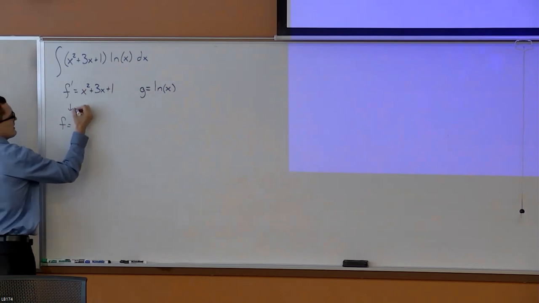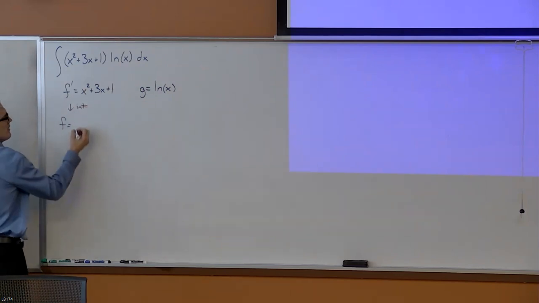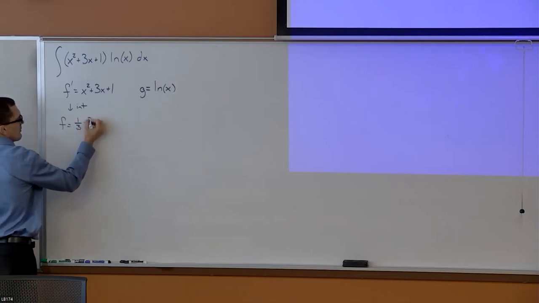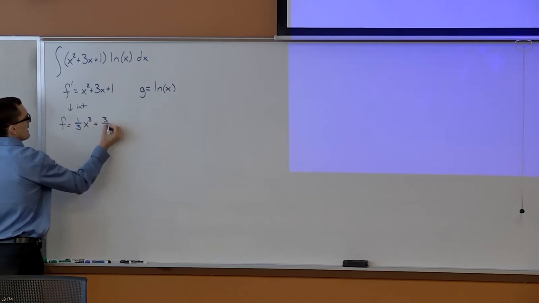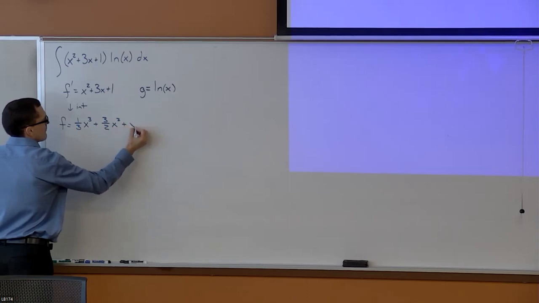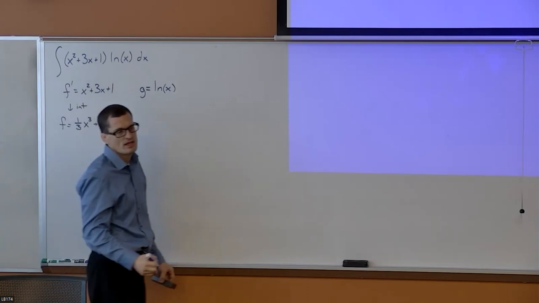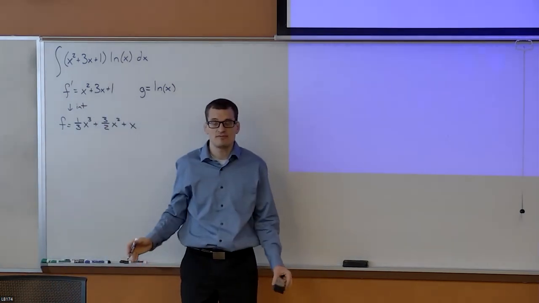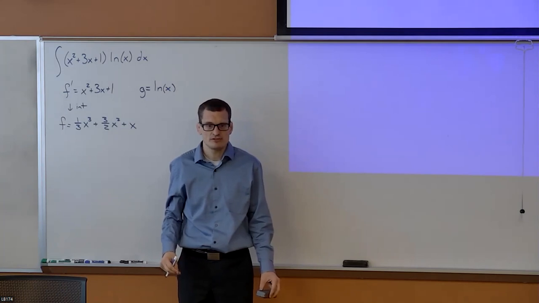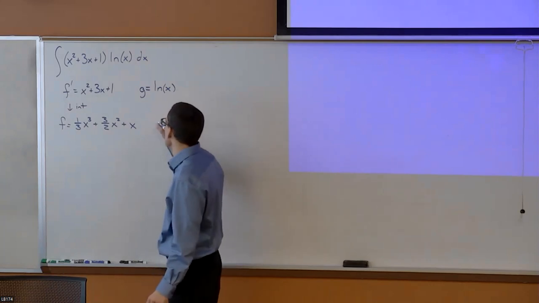So I'm going to have to integrate the polynomial this time. In this instance, that gives me 1/3 x to the third plus 3/2 x squared plus 1x. If you wanted to add a plus c, you could, but it's irrelevant at this stage. It'll eventually cancel out. It'll all pan out the same.